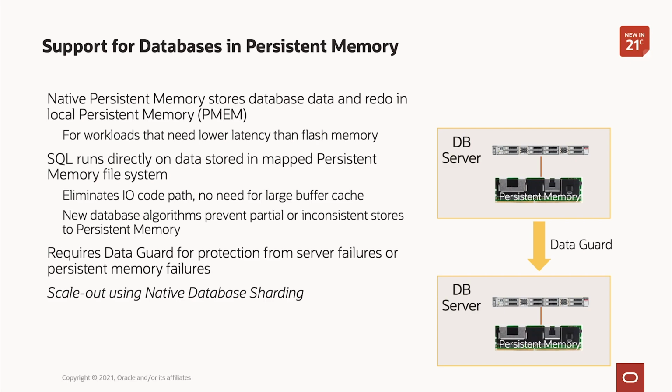Now, if I have a 60 terabyte database, I can't fit all of that into the persistent memory. The idea is that you can run your database with all the data sitting in persistent memory, and you don't need any other storage device like flash or SSD. So the only storage on these machines is persistent memory.